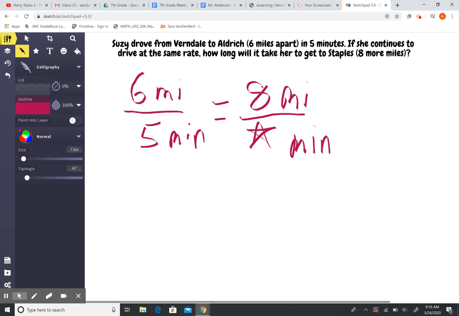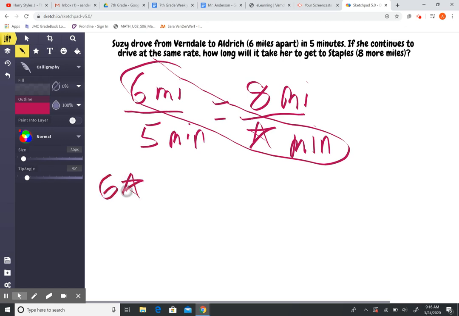We have to set our cross products equal to each other. So I'm just going to take 6 times star, which is just 6 star, equal to 5 times 8, which is 40.